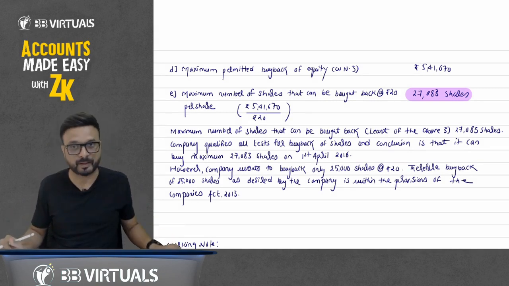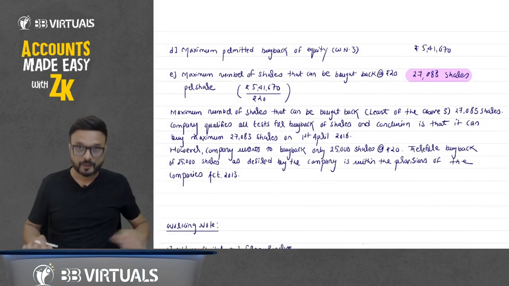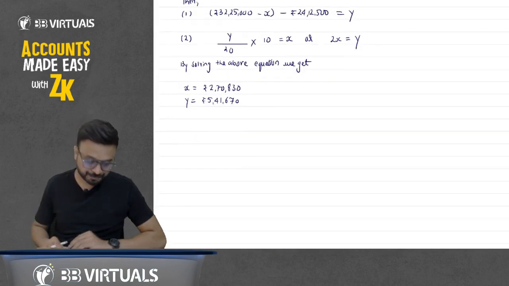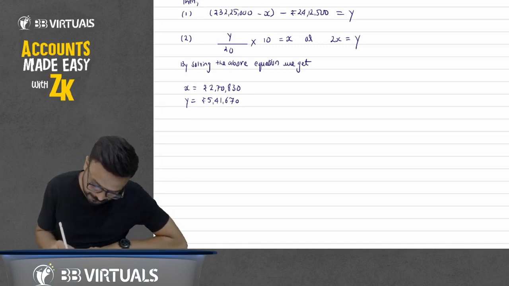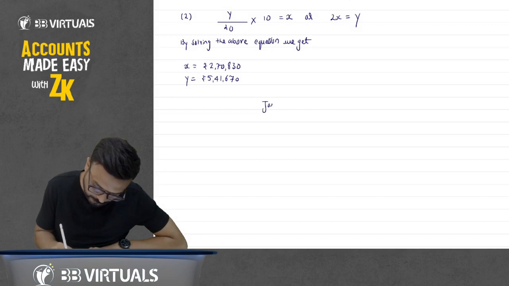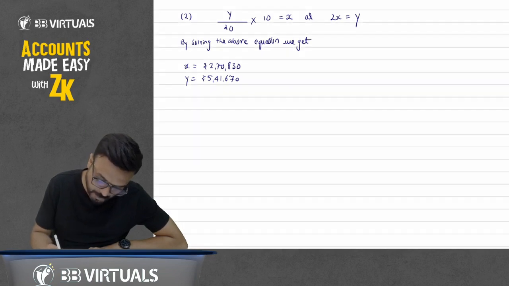Okay, now after working note number 3, write down the journal entries in the books of Complicated Limited.